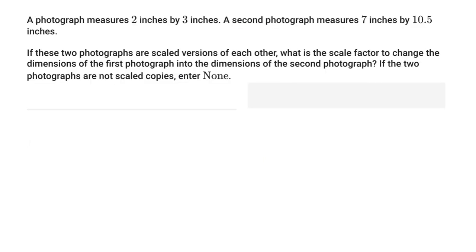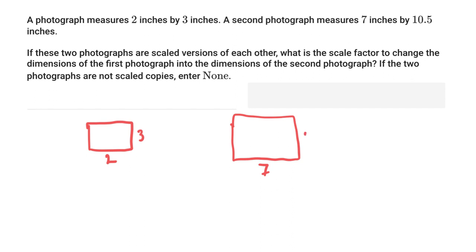All right, this next problem says a photograph measures 2 inches by 3 inches. So let's draw that out. We have 2 inches by 3 inches. Definitely a picture that is not to scale. Then we have a second photograph that measures 7 inches by 10.5 inches.